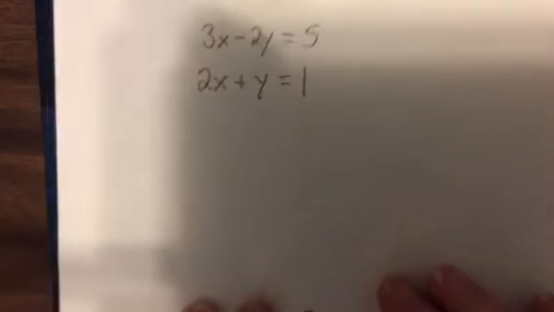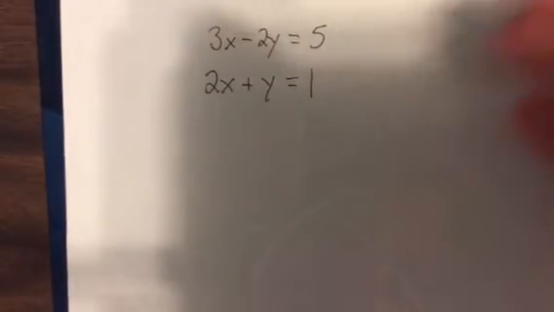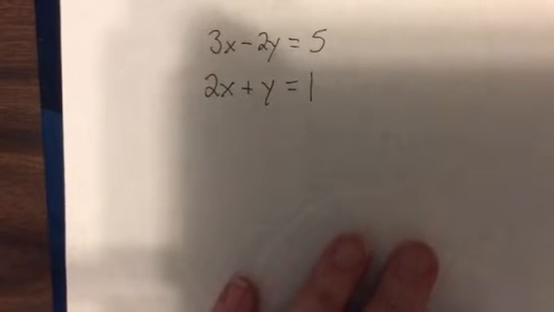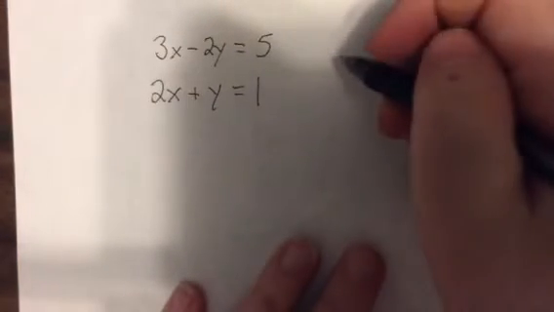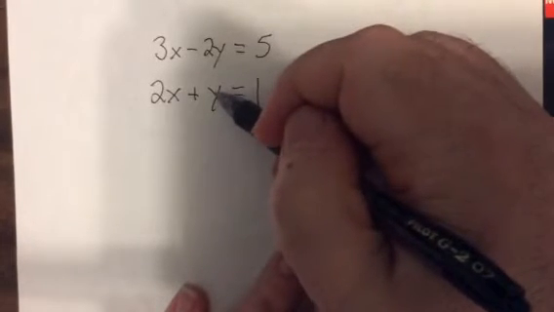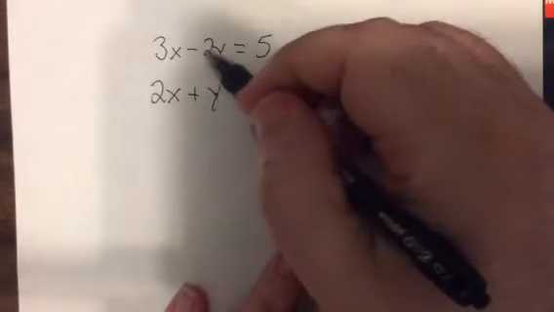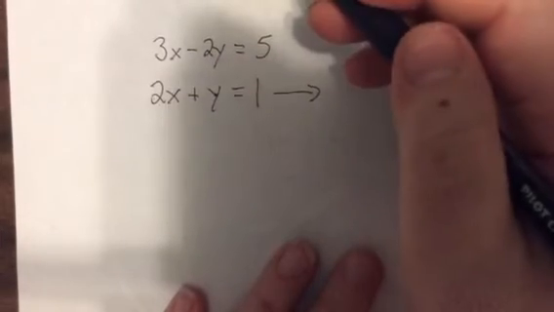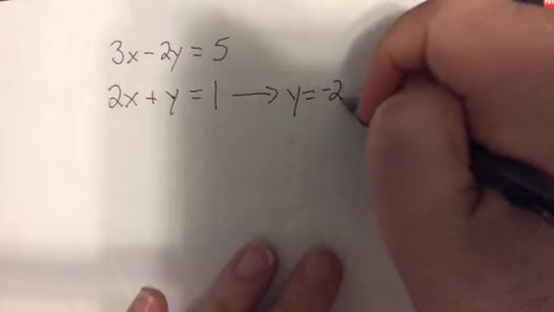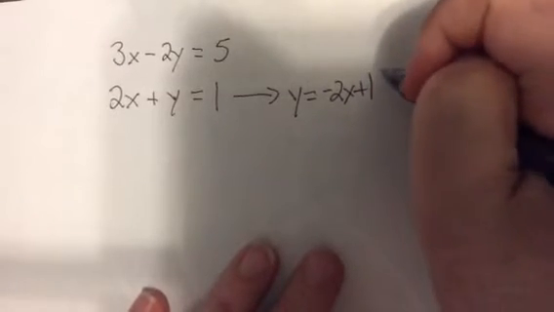Okay, right now, do this problem. If you want to freeze the computer while you do it, that's fine, and then I'll do it. Okay. So I'm assuming you did it. So solve this for y because the others have a coefficient that's not 1 or negative 1. So we'd have y equals negative 2x plus 1.